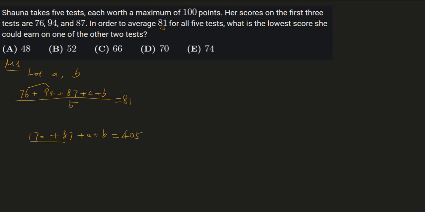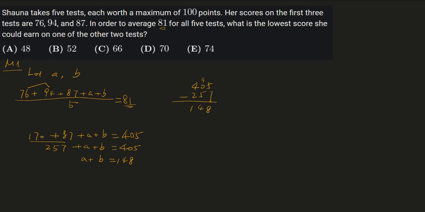And the sum of these 2 is 257, so 257 plus A plus B equals 405. And then A plus B gives what? In order for this average, we have to have the sum of the scores in the last 2 tests be 405 minus 257. That shall give us 148.